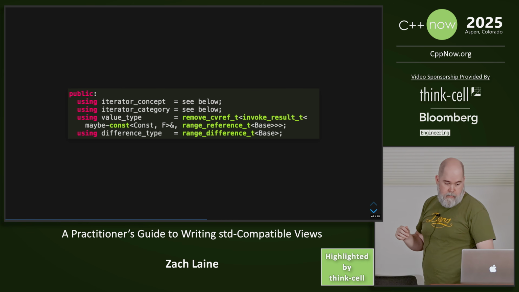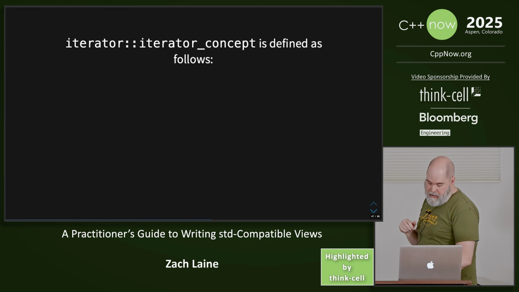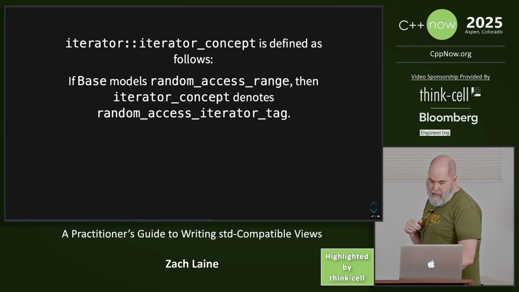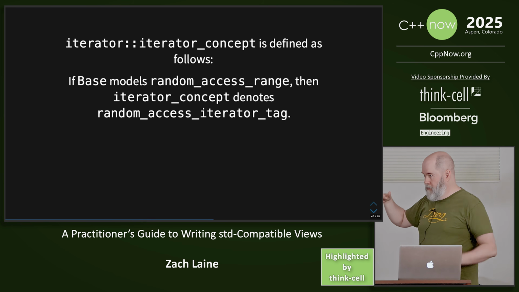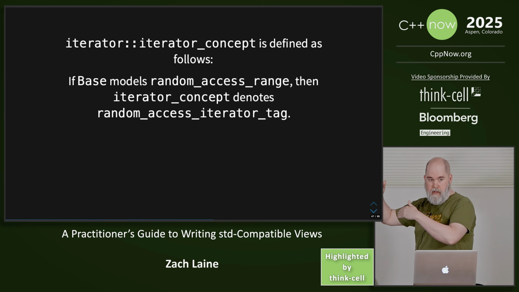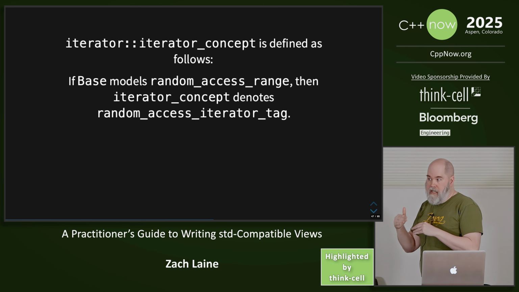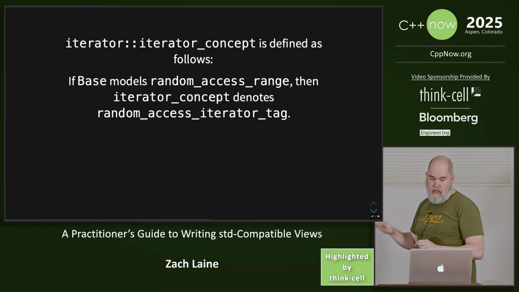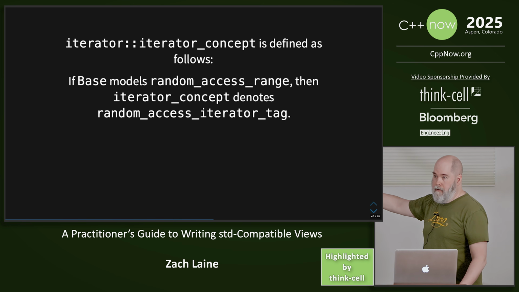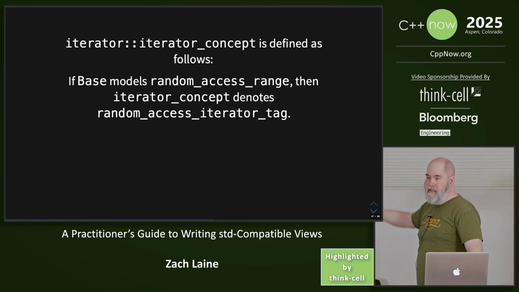Now, let's talk about iterator concept. So iterator concept is defined like this. If base is a random access range, which, because of the hierarchy and subsumption in the concepts of ranges, means that it's either a random access range or a contiguous range. In either one of those cases, we're just going to call it random access now. By the way, this is also cut and pasted out of the standard.